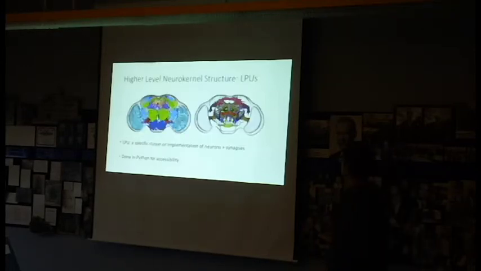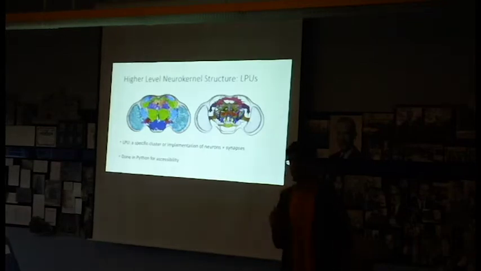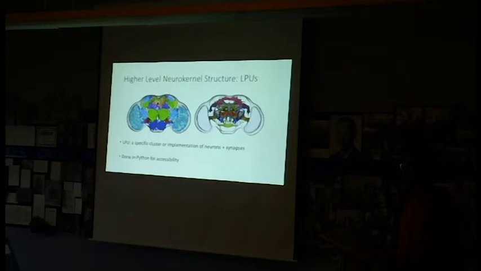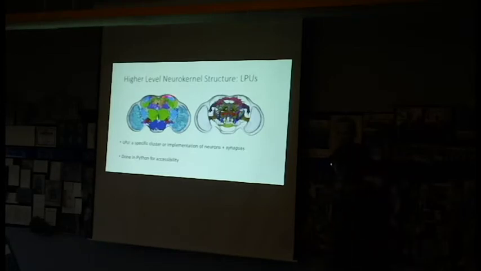All right. So let's talk about how we actually make these neurons now, right? We talked a little bit about what the underlying structure is. Let's talk a little bit about the structure that's on top, the layer that most researchers will actually interact with. So this is a model of a fly brain. And you can see that there are very distinct colored portions of the brain.